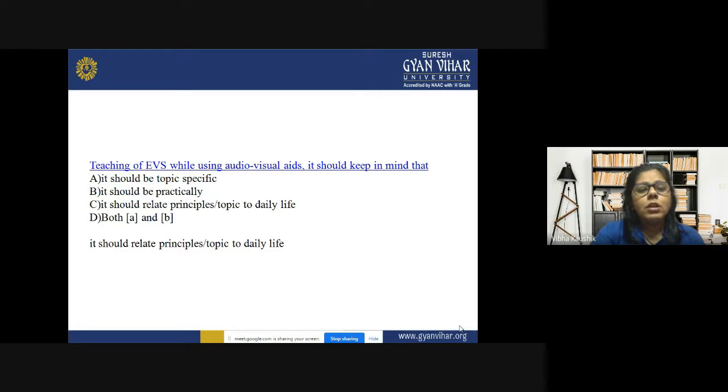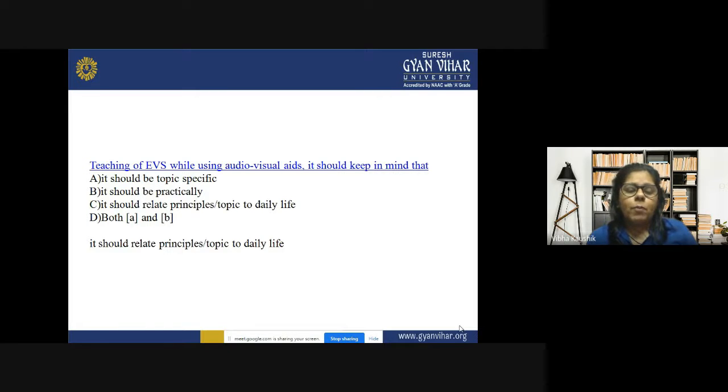Now the options are: it should be topic specific, meaning the use of teaching aids should be related to the topic which the teacher is going to teach; it should be practical; it should relate principles and topics to daily life, meaning the audio visual aid should be related to the principles and topics of the daily life of the learner; or D, both A and B.